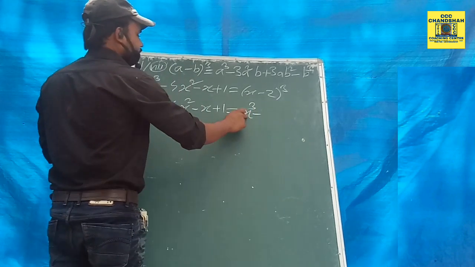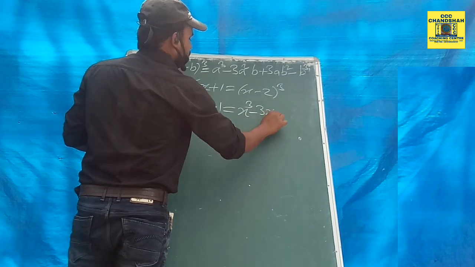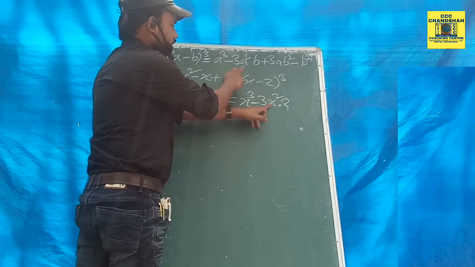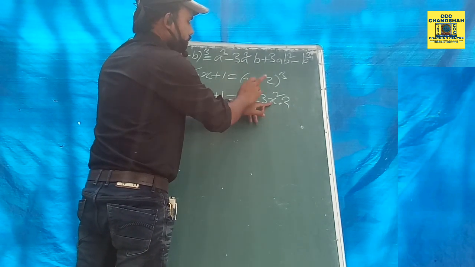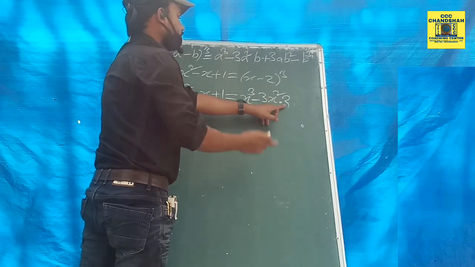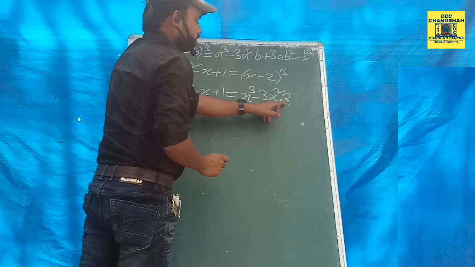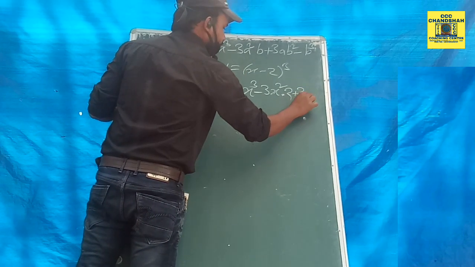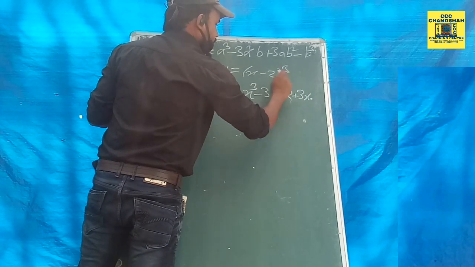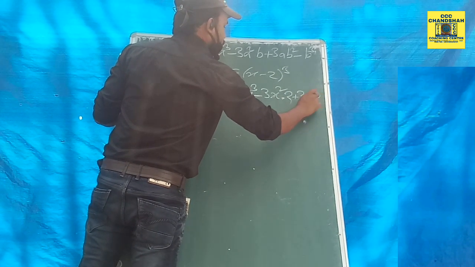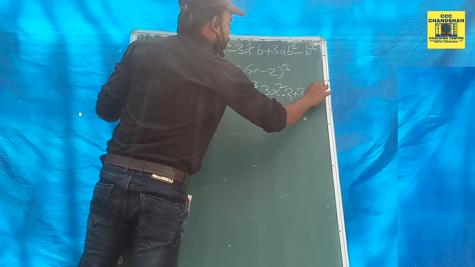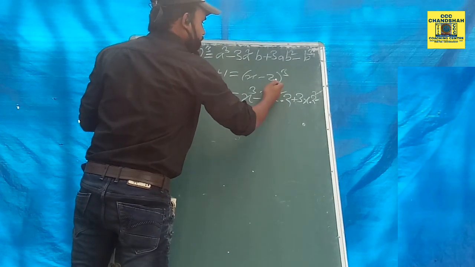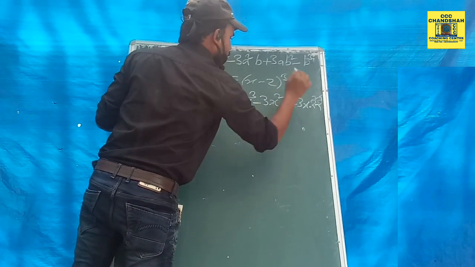So x cube minus thrice a square, a square means x square, into b, and in place of b there is 2, so into 2, again plus thrice a b square, a means x, into b square, so b is 2 square, minus b cube. b cube means in place of b there is 2 cube.